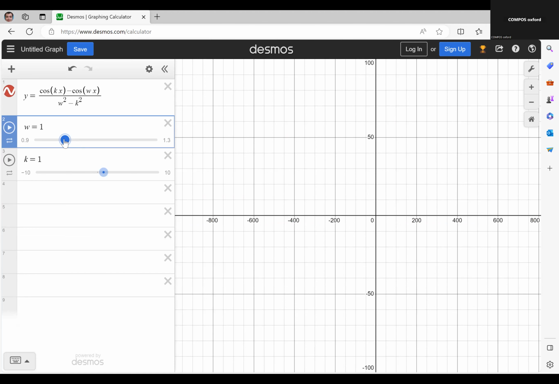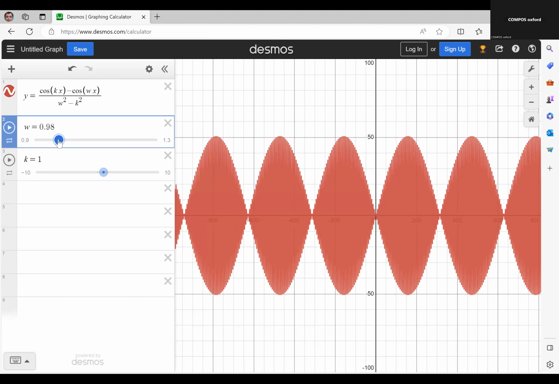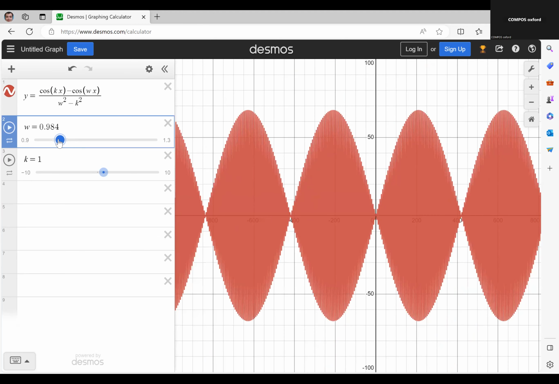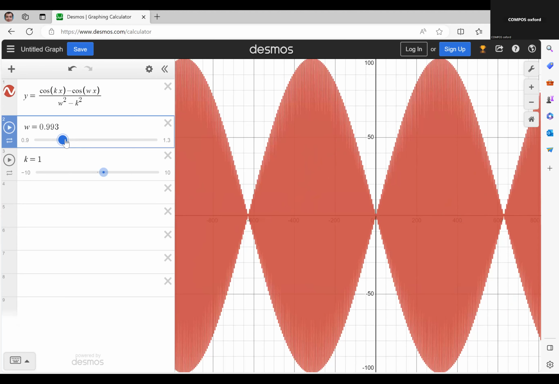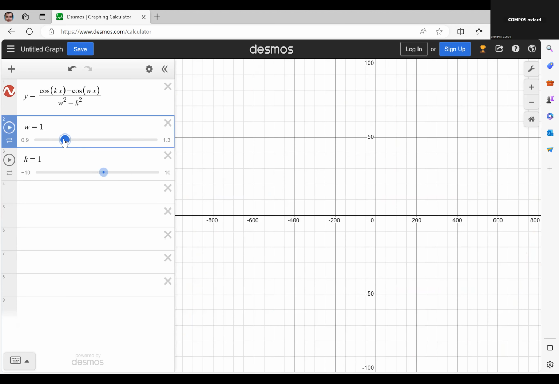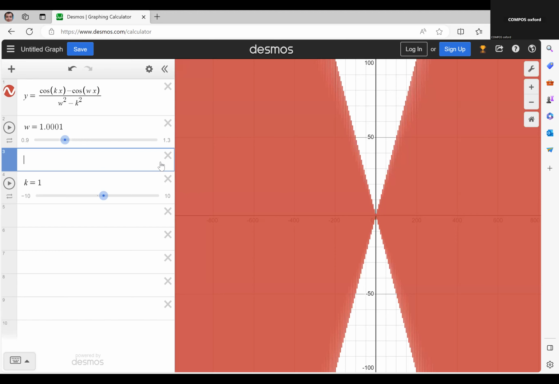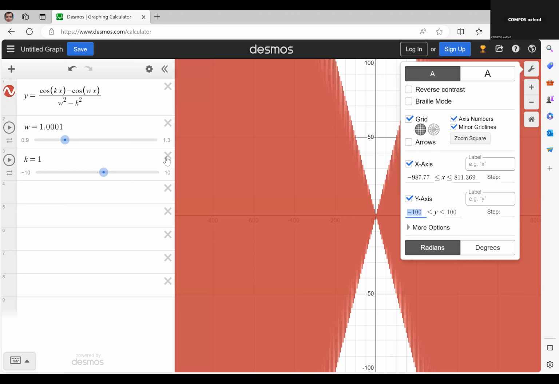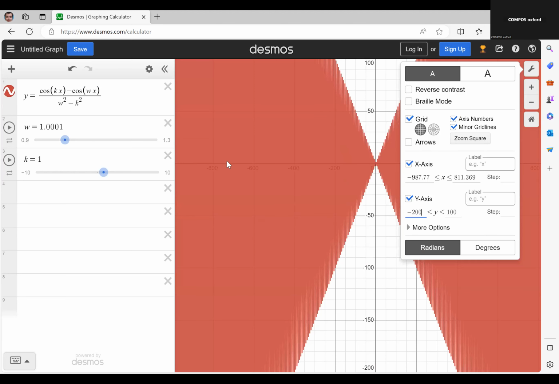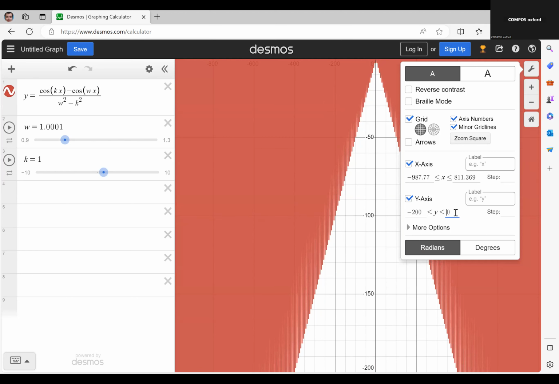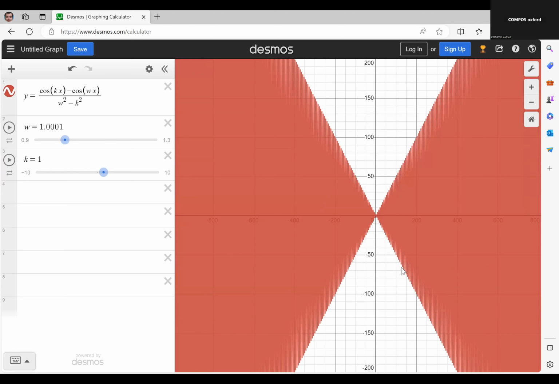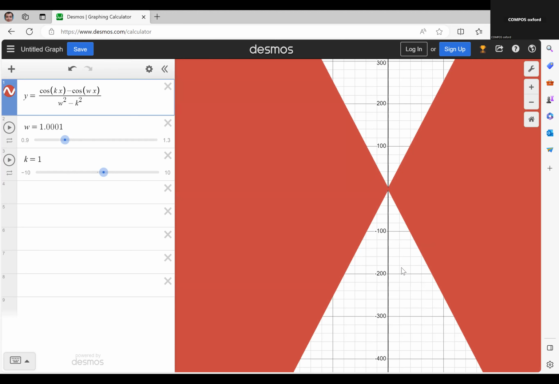So here, as I get closer and closer to 1, the oscillations get bigger and bigger and bigger, and the beats get wider and wider. And if I set omega equal to 1, something happens. But if I set omega very close to 1, I get this. And if I just change my y-axis, my amplitude is just getting bigger and bigger and becoming huge.